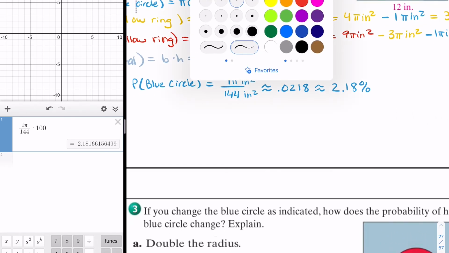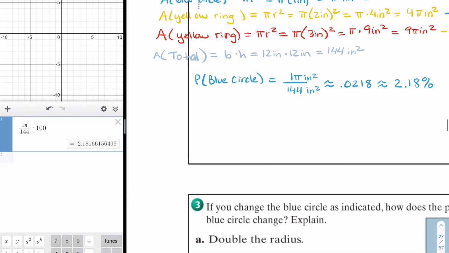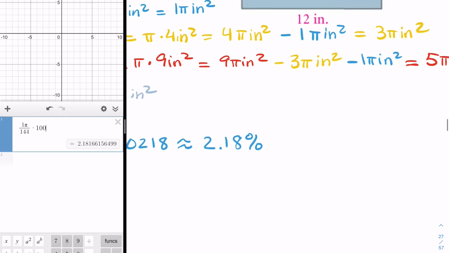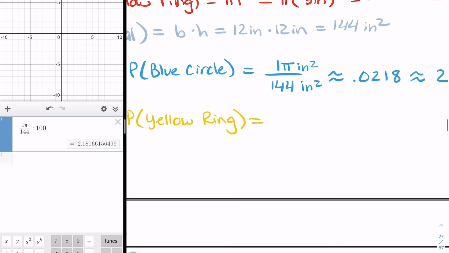And now the probability of it hitting the yellow. What's the probability of it hitting the yellow ring? We said we got it down to 3 because we had to take that 1 away.